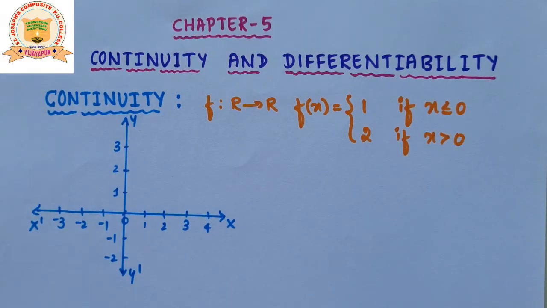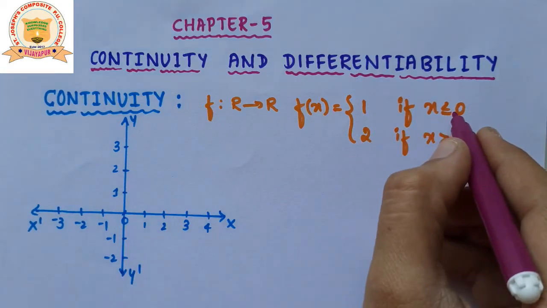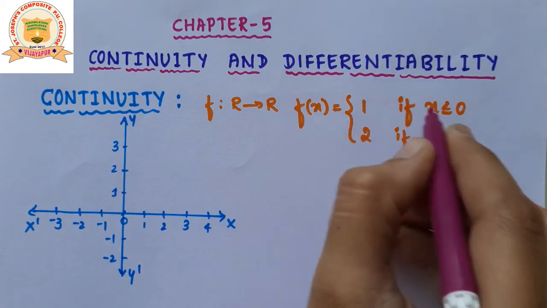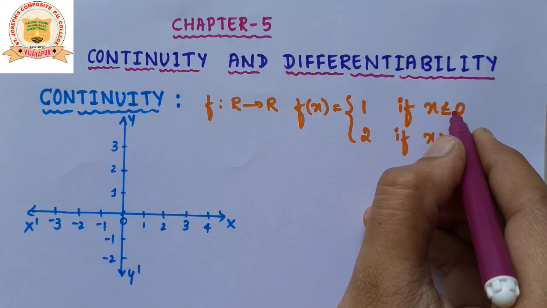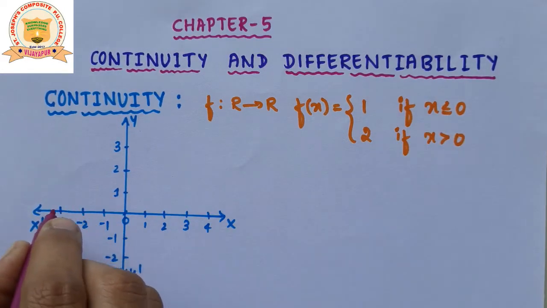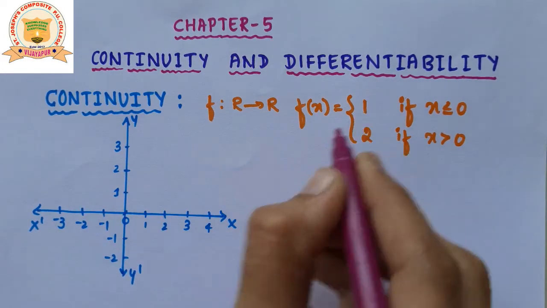Now we have the x-axis and y-axis here. In this plane, we will draw the graph of this function. For x less than or equal to 0, the value of the function is 1. Less than or equal to 0 means left of the origin. For x equal to minus 1, minus 2, minus 3, the value of the function is 1.